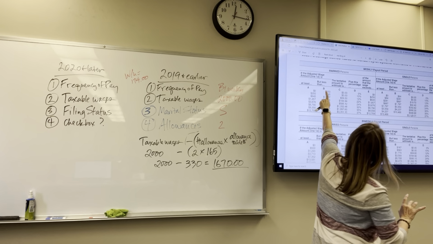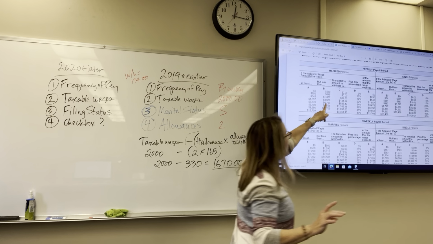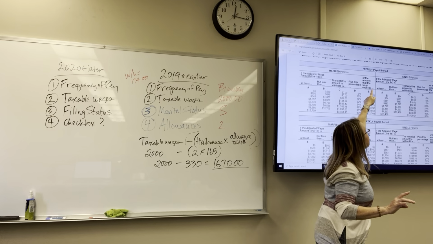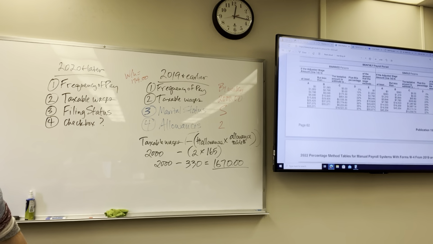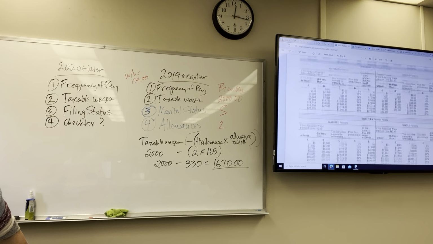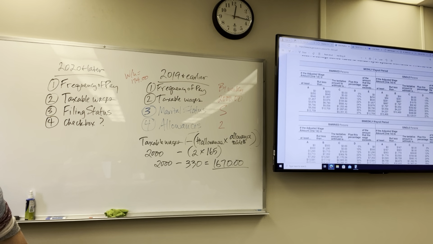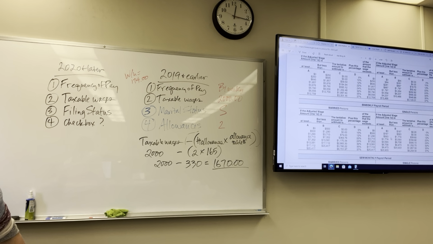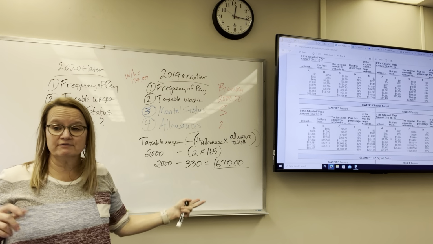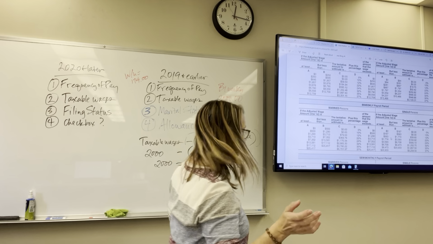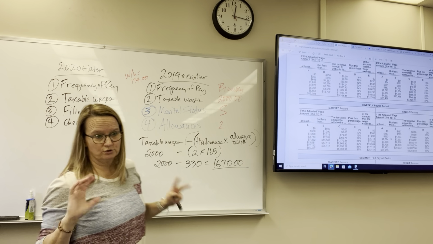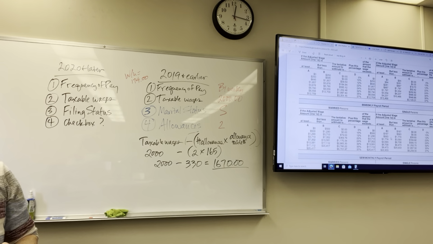We've got to find the correct pay frequency, which is up at the top. Bi-weekly's right here, and we have only 2 choices. Married on the left, single on the right. Remember with the other one, it was checkbox, no checkbox. There are no checkboxes to deal with in the old method.